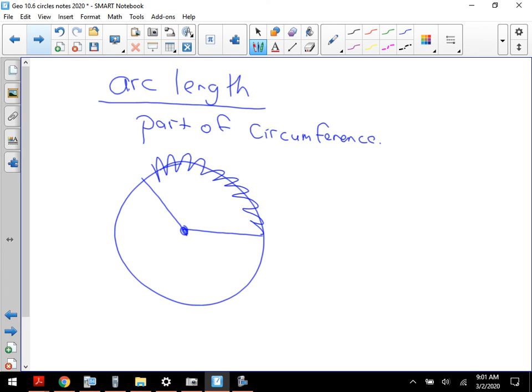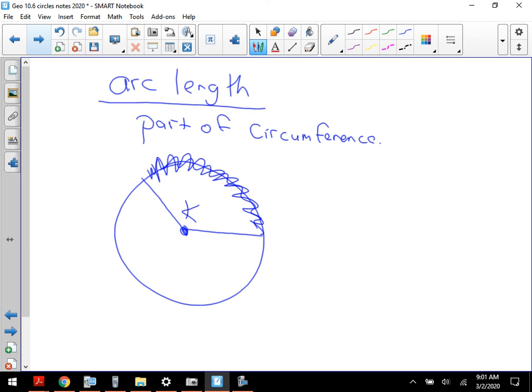Arc length is not an angle, it's a distance. It's made from part of the circumference. You have some angle here that runs into an arc. So it's a portion of it.